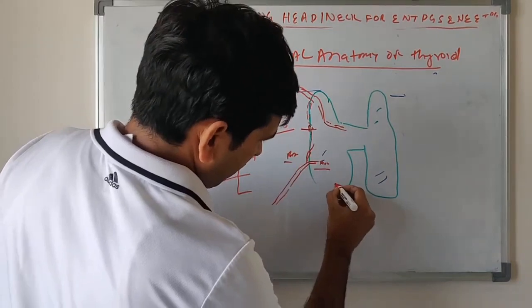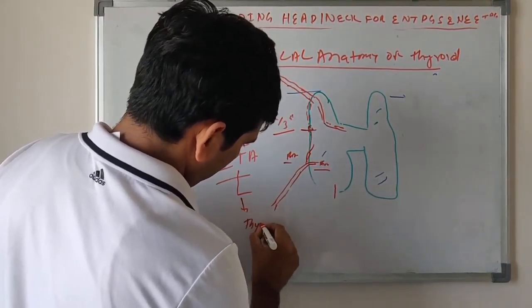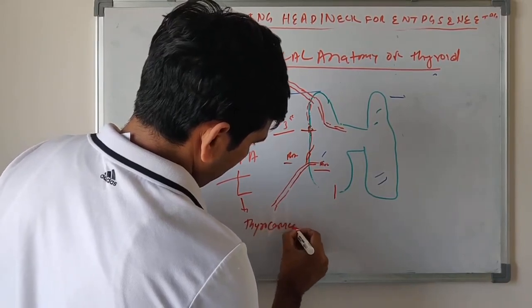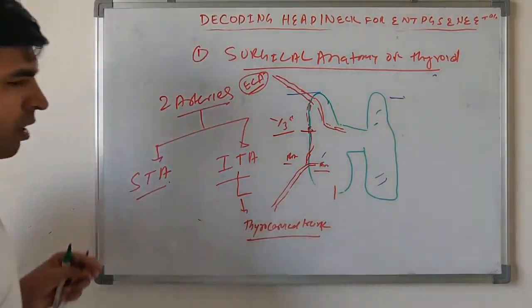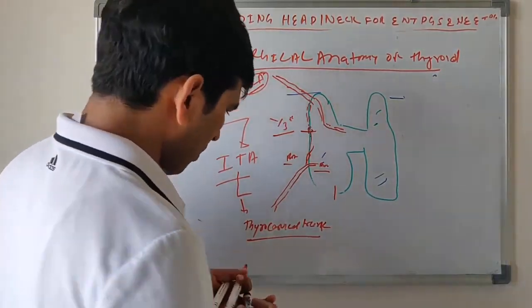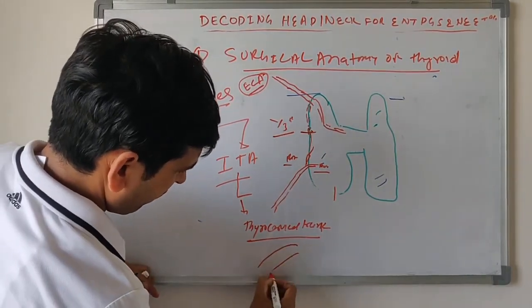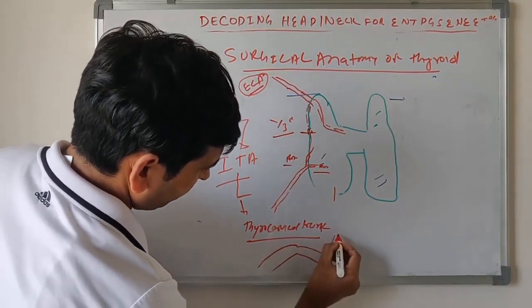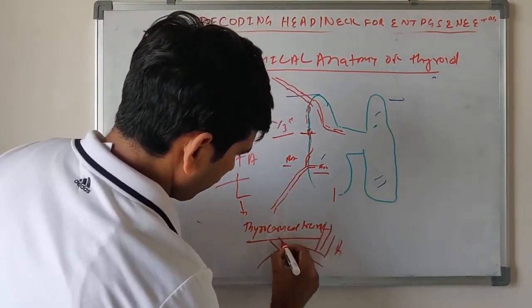One more artery is also a branch of the thyrocervical trunk. If you see this, this is the subclavian, this is the common carotid, and this is the brachiocephalic trunk.